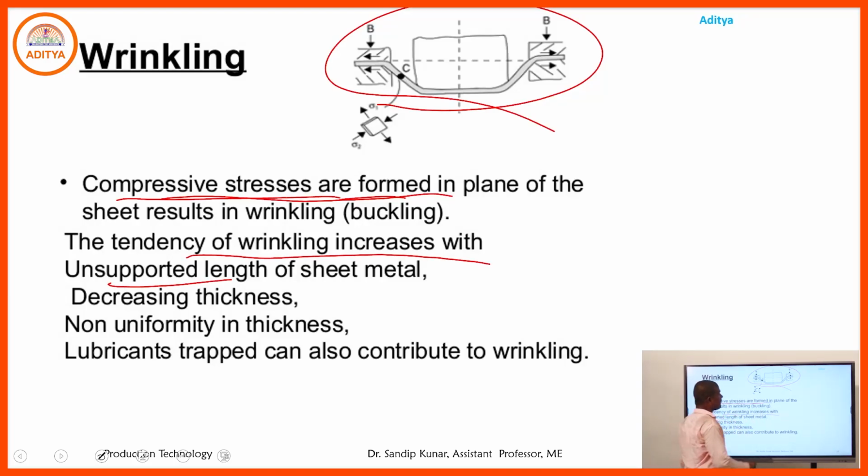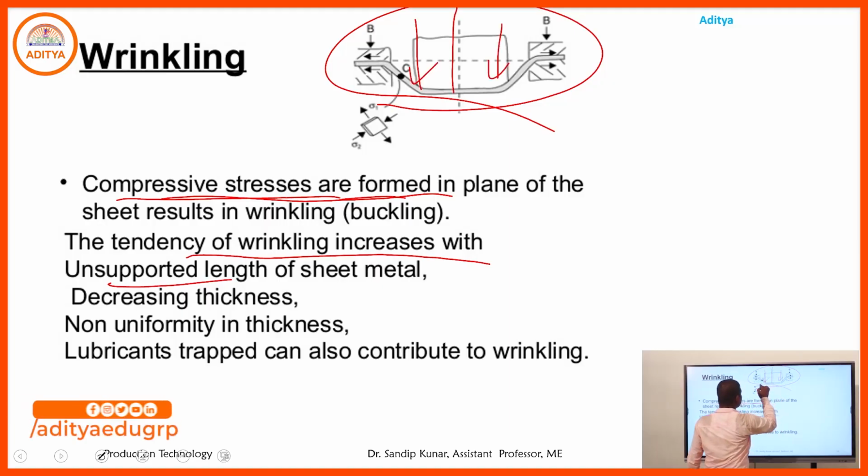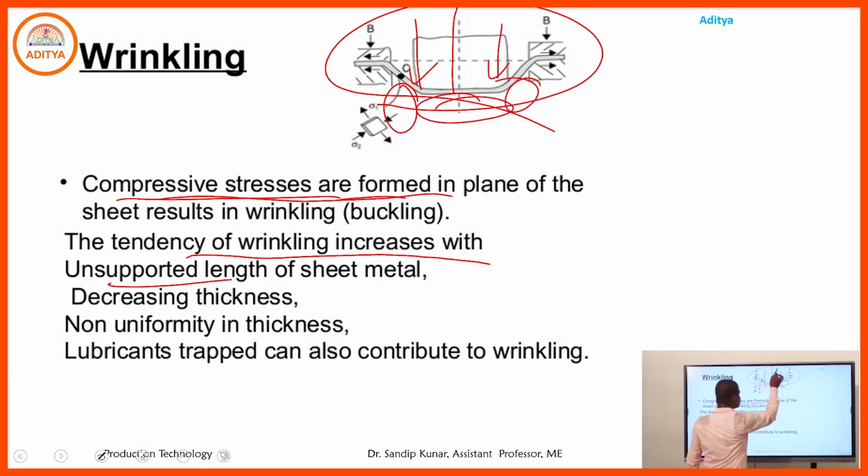When we apply compressive force on the sheet metal without any support, it will bend, and buckling or wrinkling takes place. Thickness decrease and non-uniformity also take place in the sheet metal.